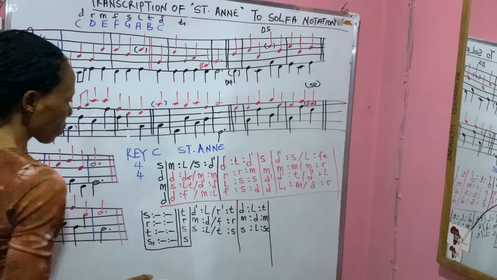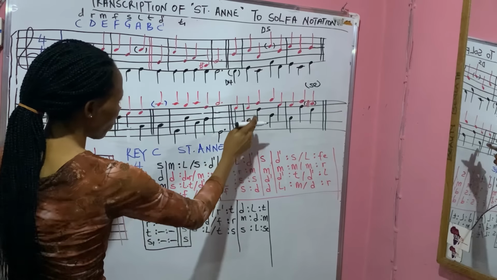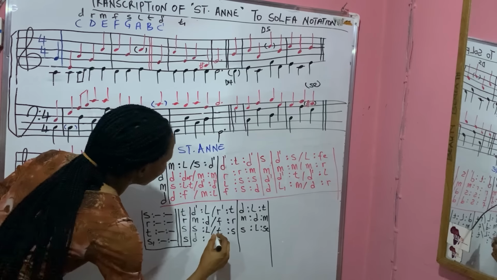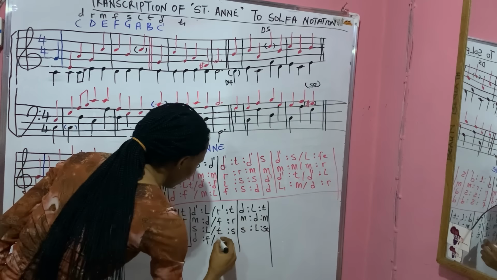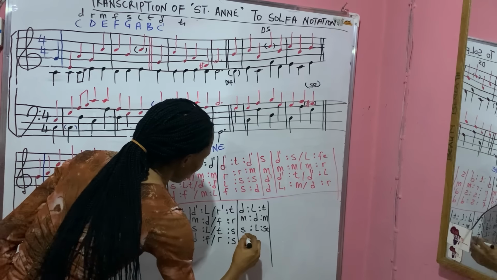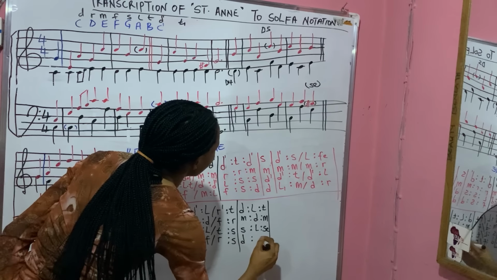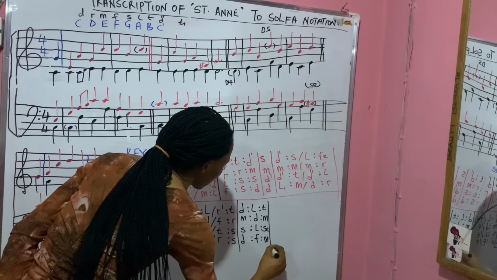Okay, then we have already shaded this, so we have Do, and then we have Fa, and then we have Re, and then we have So shade again, and then we have Do, Fa, and Mi.